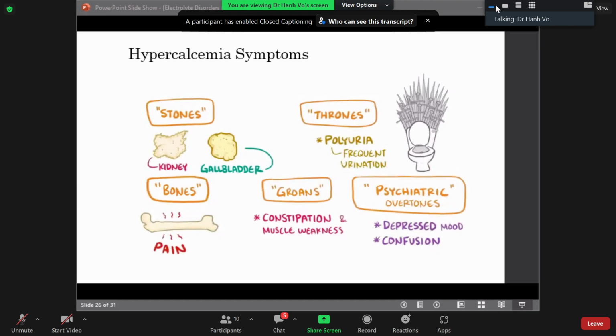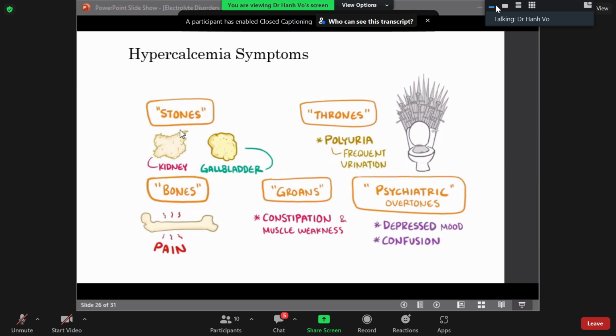A patient with hypercalcemia can present without syndrome or be detected incidentally, but the syndrome classically presents with the following mnemonic: stones, bones, groans, thrones, and psychiatric overtones.